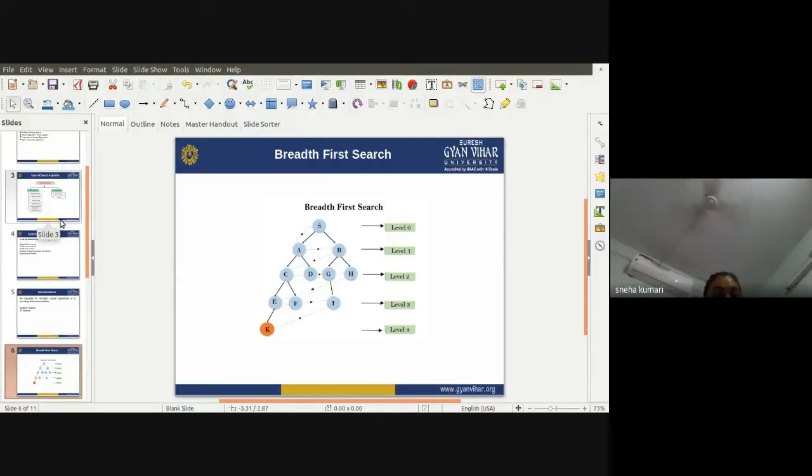Next is optimality. BFS is optimal if the path cost is a non-decreasing function of the depth of the node.